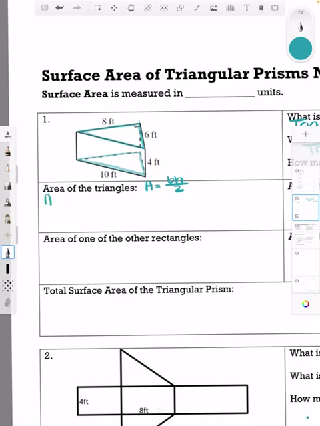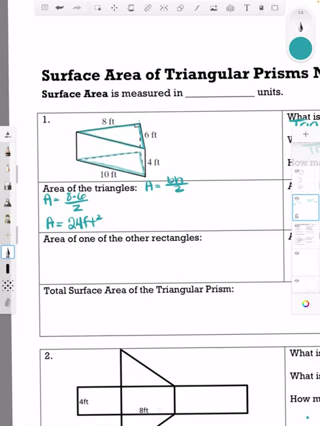So I'm going to do area is equal to 8 times 6, and then I'm going to divide by 2. 8 times 6 is going to get me 48. 48 divided by 2 is going to get me 24. So I know the area of one of these bases is going to be 24 feet squared.